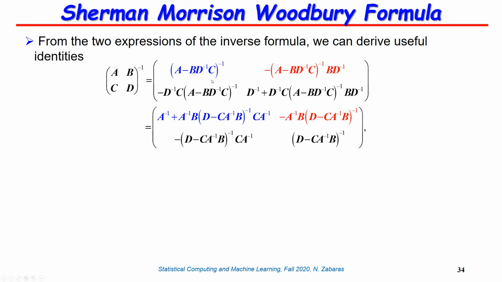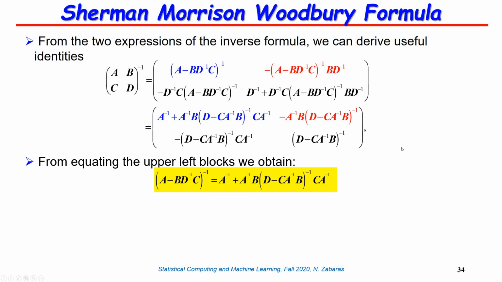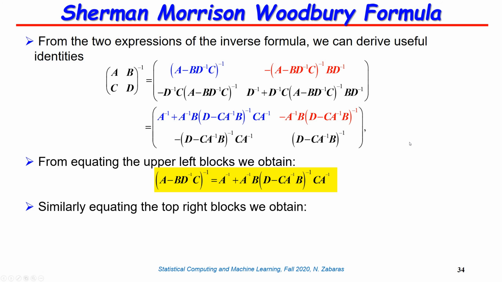So if you put the blue on this equal to the blue here, and the red here equal to the red there, you get these two equations. This is the blue, and this is the red equation, and this is what we get.